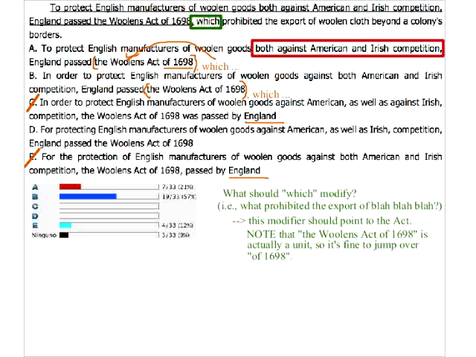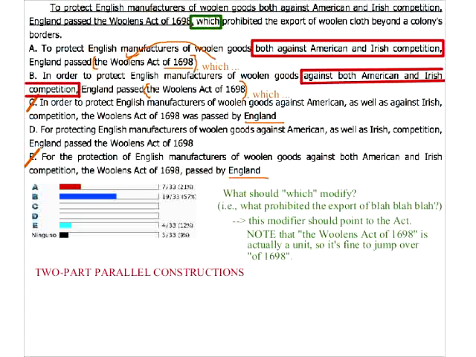So this might seem sort of nitpicky, but you do have to make sure that you understand how these things work. So when you have two-part parallel constructions, I'll give you the brief summary.